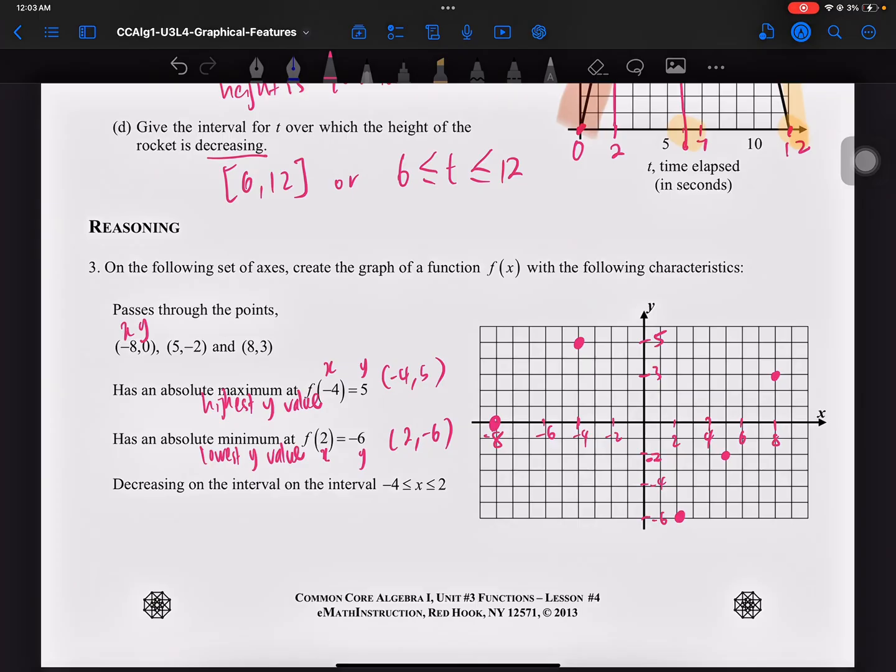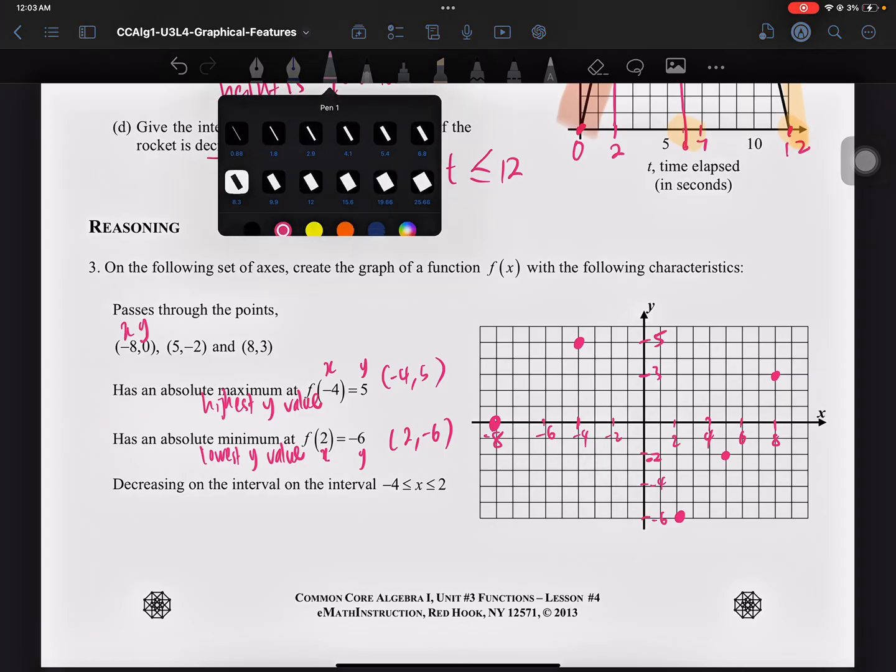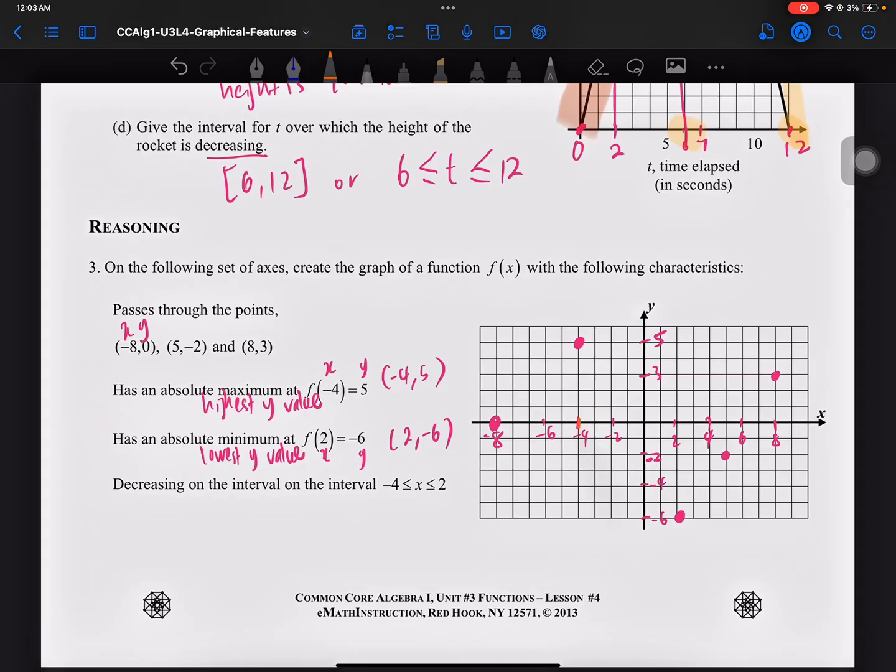Okay, and then decreasing on the interval [-4, 2]. So from negative 4 here, I will mark it using orange color, and then 2 here. It is decreasing on the interval from x equals negative 4 to x equals 2.